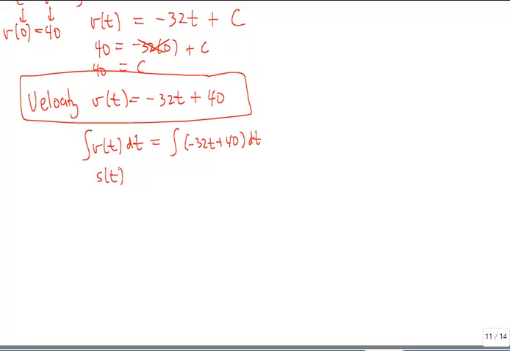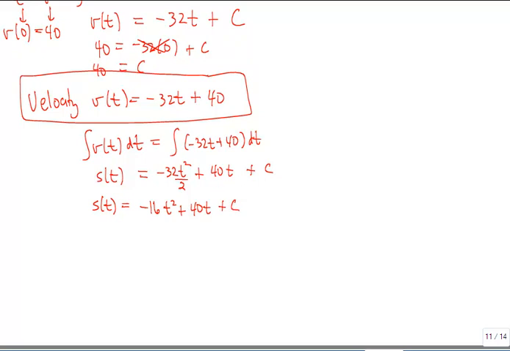So the integral of v of t is s of t. On the other side, the negative 32 will stay there, and the integral of t becomes t squared over 2. The integral of 40 becomes 40t, and there's a plus c on the end. So this becomes s of t equals negative 16t squared plus 40t plus c.